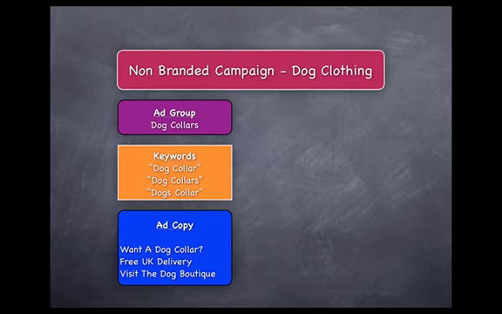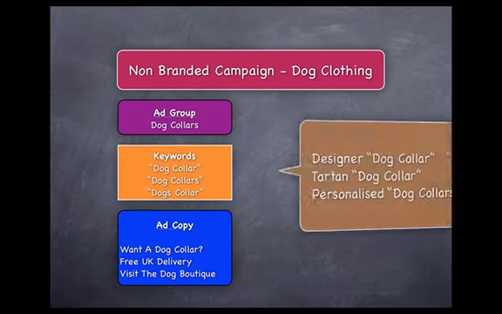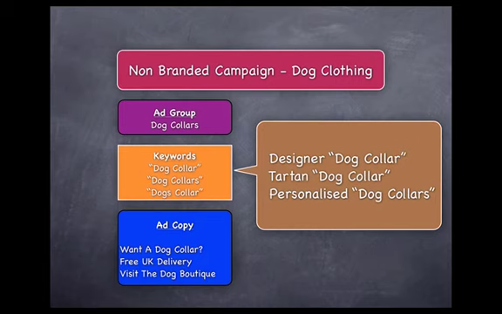And you can see that the keywords I have in there are on phrase match. And remember, if it's phrase match, words can appear before or after it when the person's searching. So if someone typed in designer dog collar, tartan dog collar, personalized dog collar, my ad would still show. So I'm catching all the variations, so you don't have to worry when you're doing your keyword research to get every single variation in there.